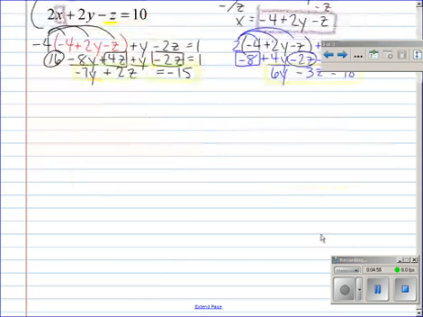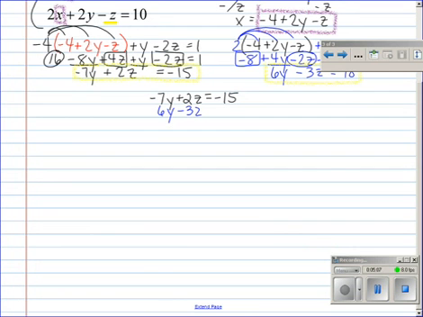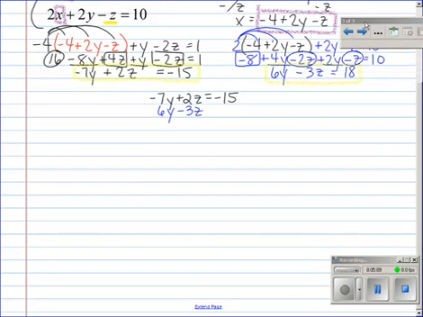So if I started with -7y plus 2z equals negative 15, and 6y minus 3z equals 18, in order to do elimination, I'm going to have to get the same coefficients in front of the y's or in front of the z's.